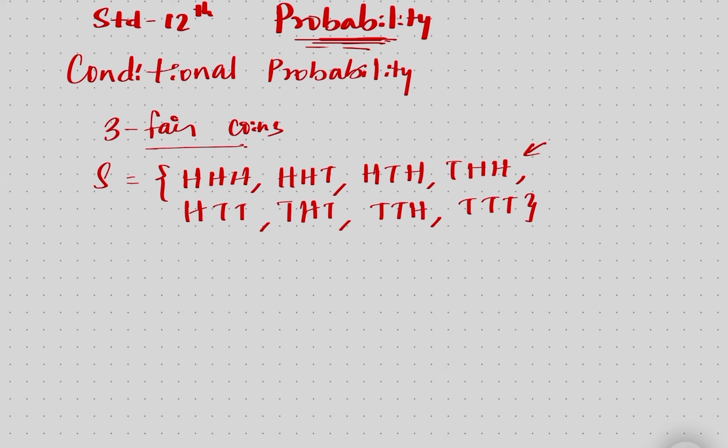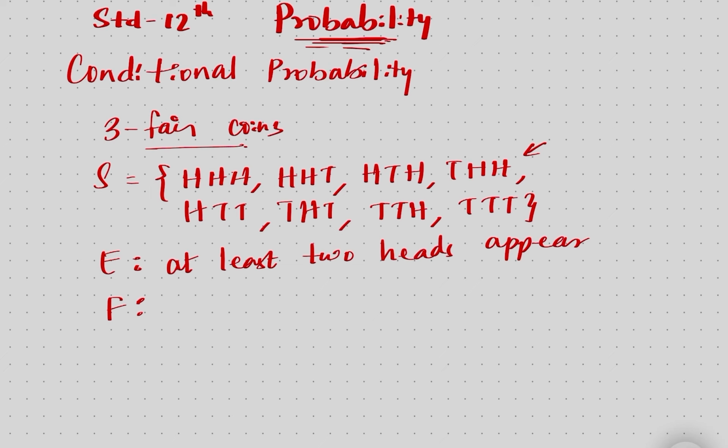Let us consider E as the event such that at least two heads appear. Then F be the event, first coin shows tail.